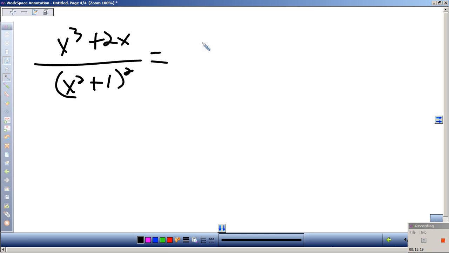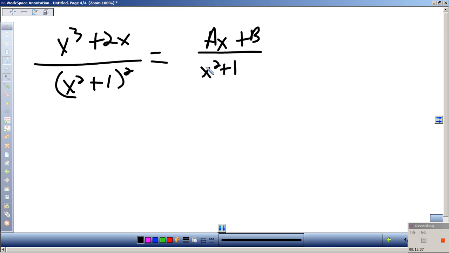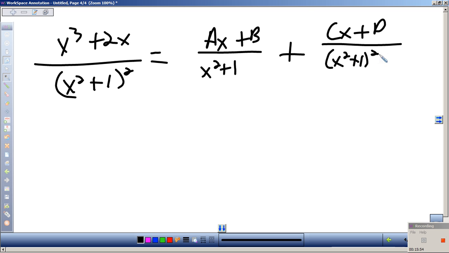Okay, we're going to have ax plus b over x squared plus 1, plus cx plus d over x squared plus 1 squared. So if you look back here, we had x minus 1 squared. If we have a squared factor here on the bottom, we have to have both terms.